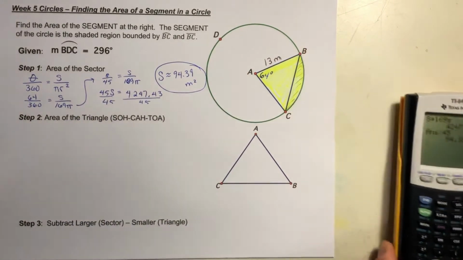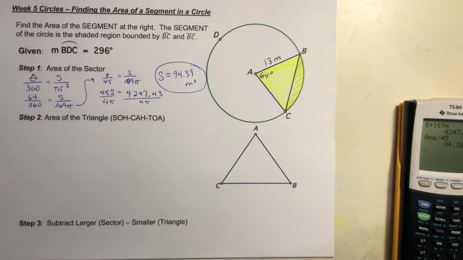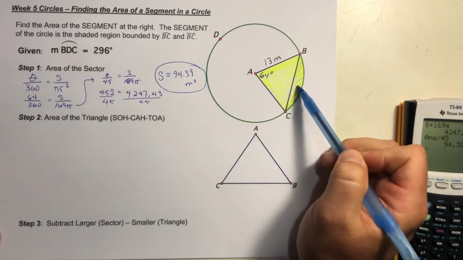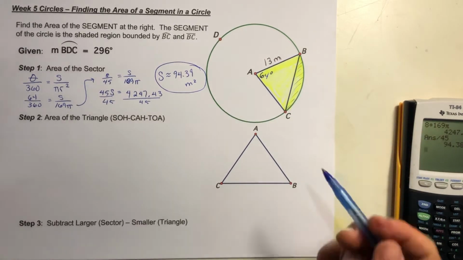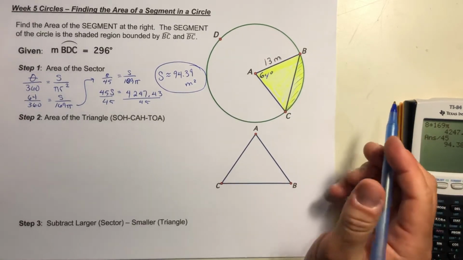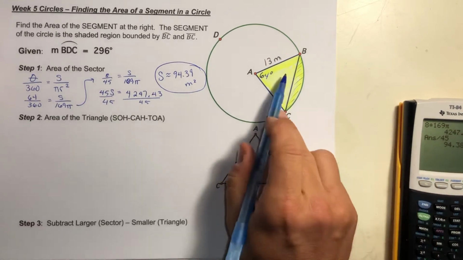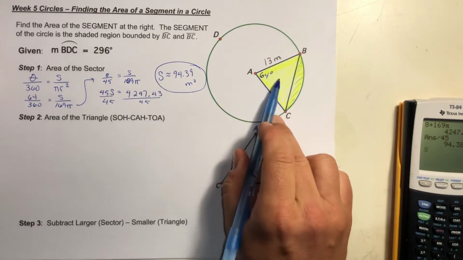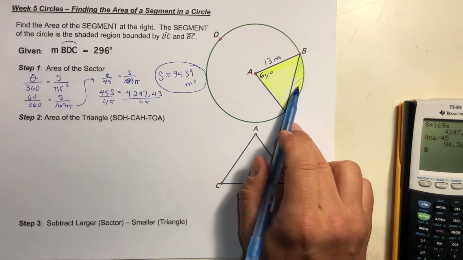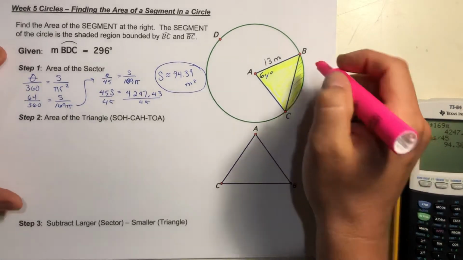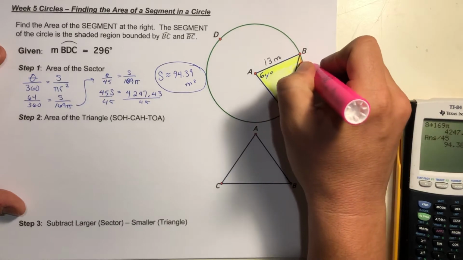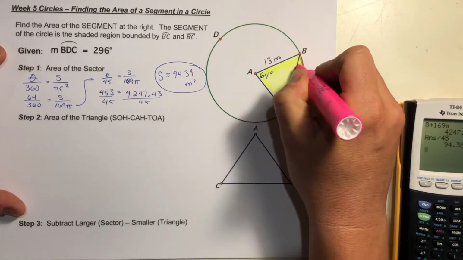Let me back up a step here. We only wanted to find the area of this little section here, so obviously this is too much. My question to you is, what should we remove? Think about it. If we remove this triangle area, it'll leave just the area of this little football shape, the segment. So I'm going to go shade in just the segment area we're trying to find.